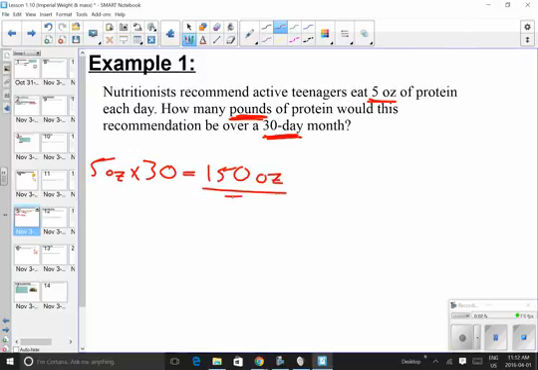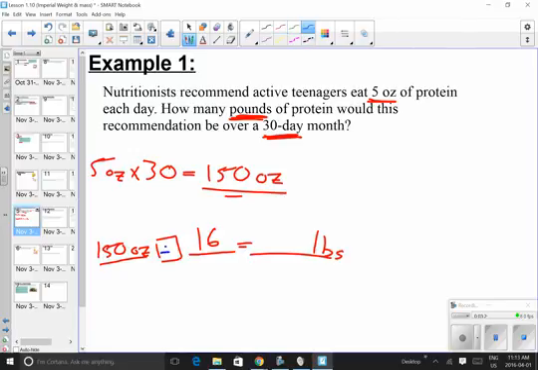Now I want to take that and convert it into pounds. Okay, so I'm going to use my handy dandy skeleton equation as always. I'm starting with 150, that's in ounces, and I'm changing it into pounds. Now because we're using the modern pound, there's 16 ounces in a pound. Now a pound is bigger, so when we're changing to a bigger unit, the number needs to get smaller, so we're going to divide.